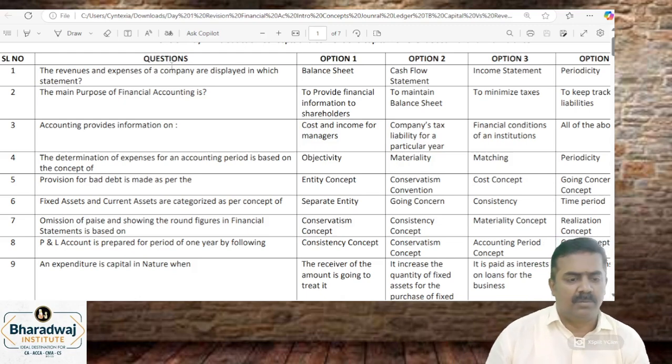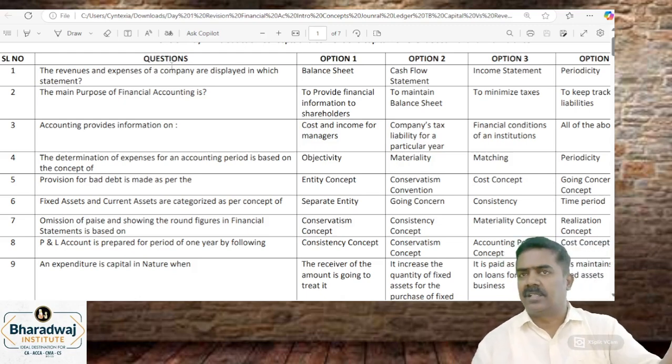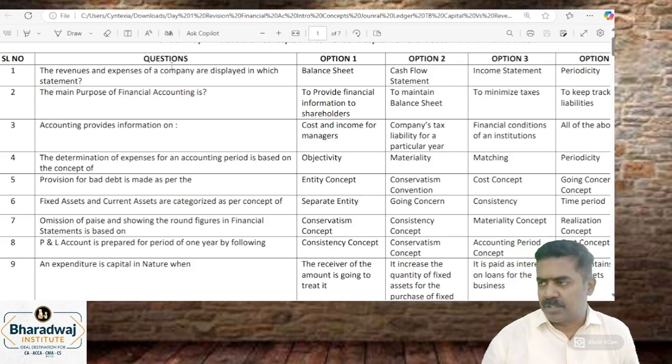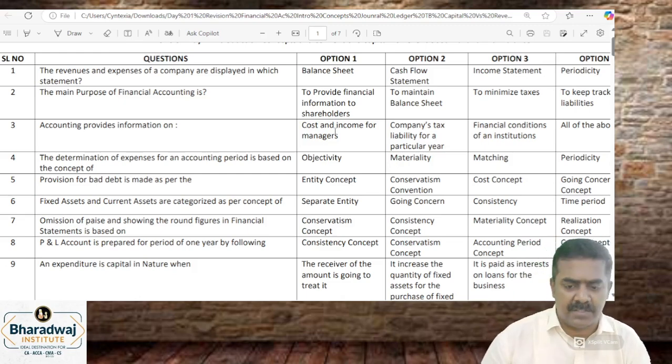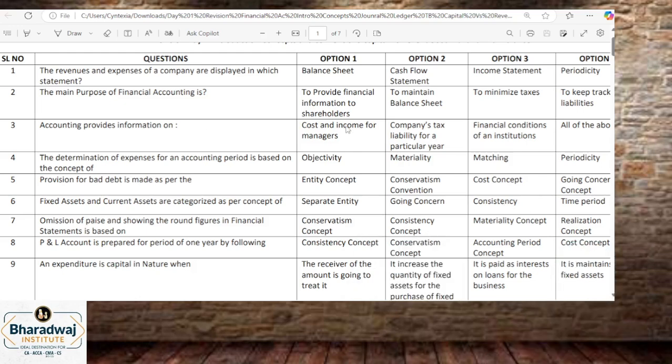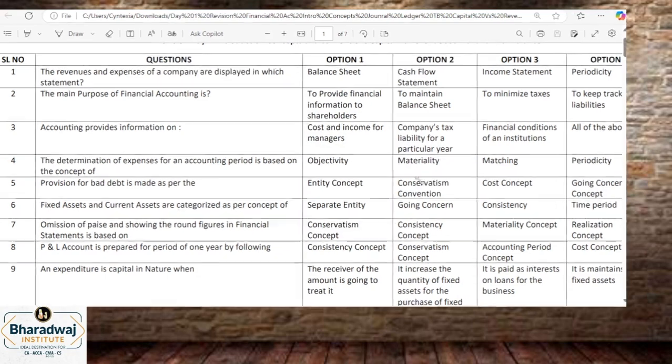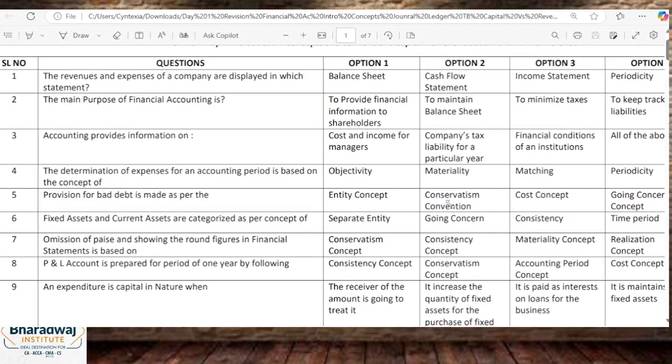Clear? Now, if you have the material, have it. Otherwise, just look at the display and try to mark the answer. In your notebook you can mark the answer. I'm just going off the screen because we are discussing multiple choice questions.